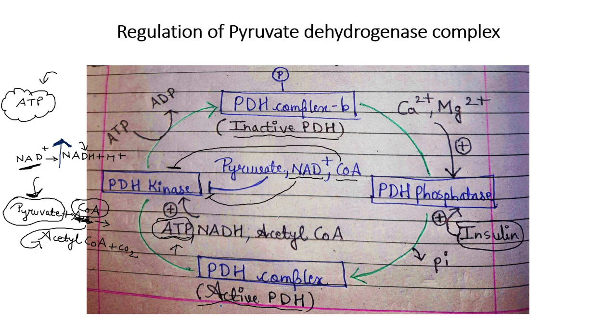And if NADH concentration is high, then energy is sufficient inside the cell. Then the body will try to stop excess ATP formation. For that, we need to inhibit pyruvate oxidation. So NADH will activate the PDH kinase, which will convert the active PDH into inactive PDH, due to which pyruvate oxidation will not occur, and that is what NADH wants.